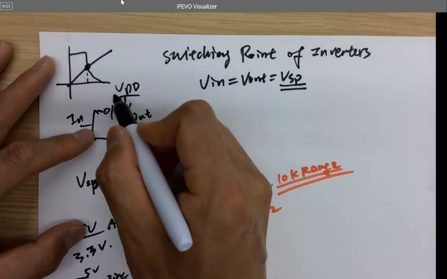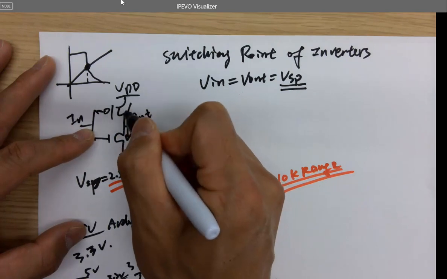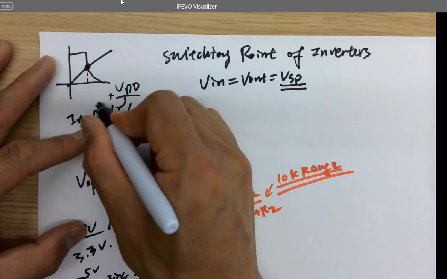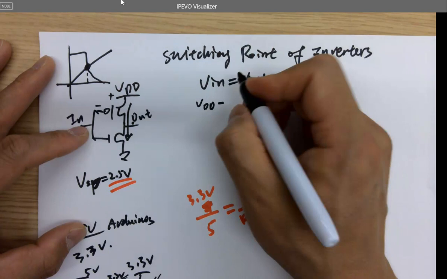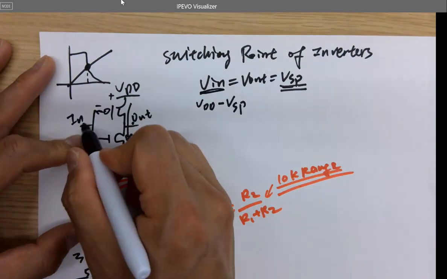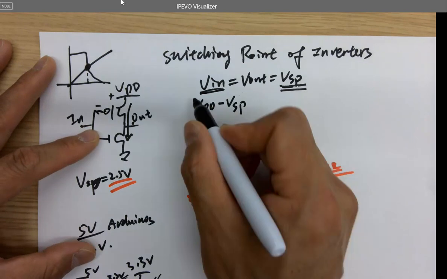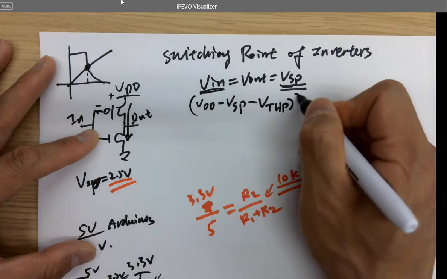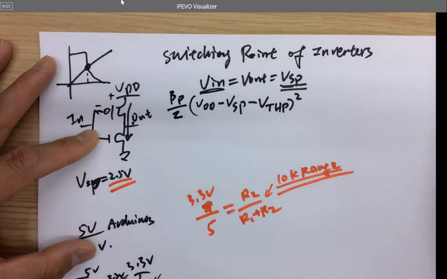So to calculate the PMOS ISD, it becomes VSG, which is VDD minus VSP, because V in equals VSP. So the voltage here equals VSP, that's the switching point voltage. That's VSG. VSG minus VTHP, squared, times beta P over 2.